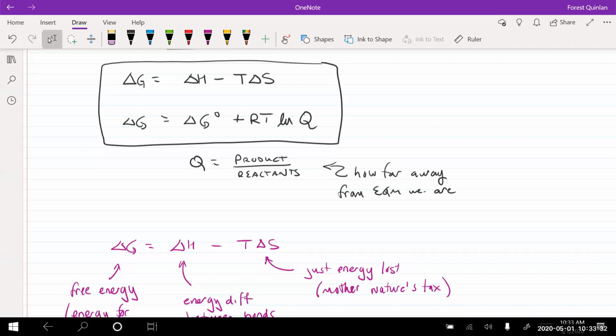The Gibbs free energy being a combination of the enthalpic and entropic conditions, with delta G equals delta H minus T delta S. I also gave you an equation to use, delta G equals delta G naught plus RT ln Q. And what that is saying is that we're going to look at the Gibbs free energy by comparing a reaction at equilibrium, the delta G naught, to when we're outside of equilibrium, with the RT ln Q.